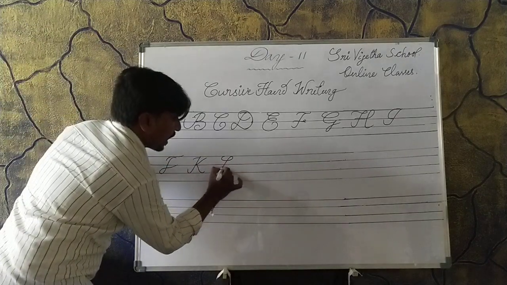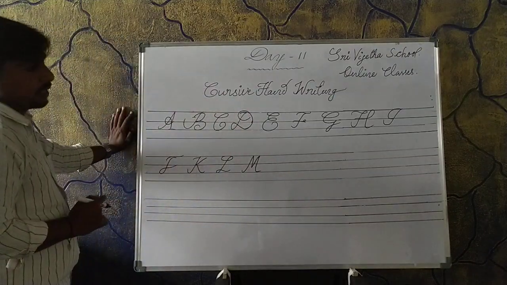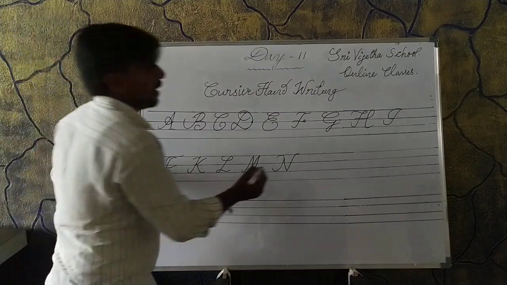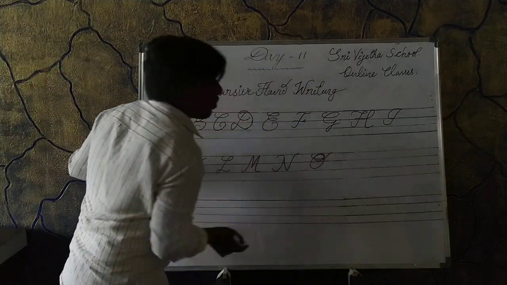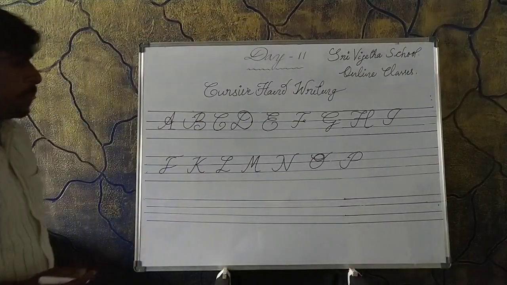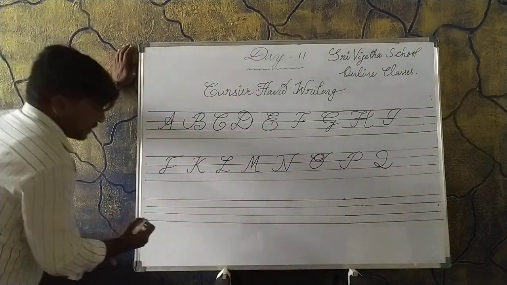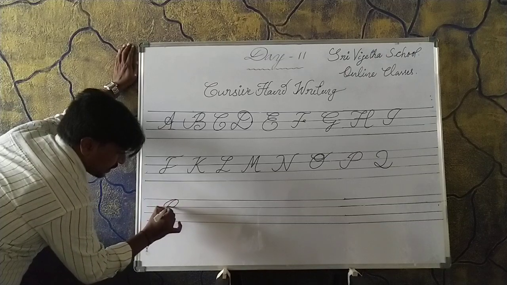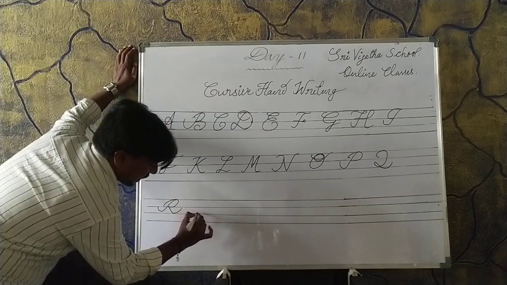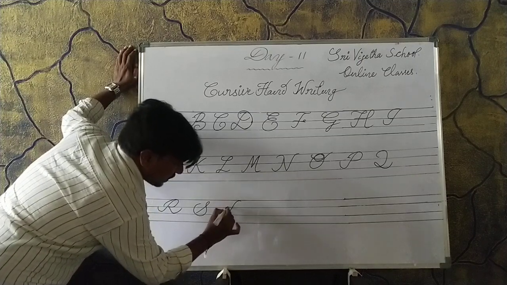The next letter is L, and the next letter is M, and the next is N, and next O, next P. The next letter is Q, and the next letter is R. After letter R, we make S. Again, we make the letter T.